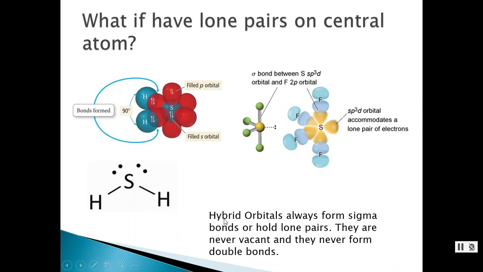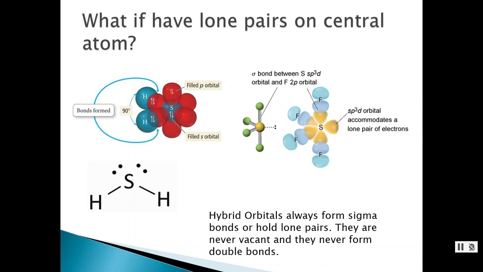And hybrid orbitals either always hold lone pairs or form sigma bonds, single bonds. Hybrid orbitals are never vacant. They're never empty. You only mix the orbitals you only provide the hybrid orbitals that are needed for a molecule.